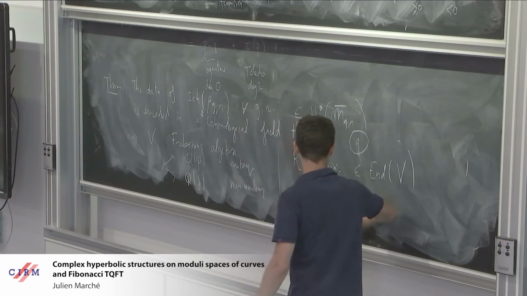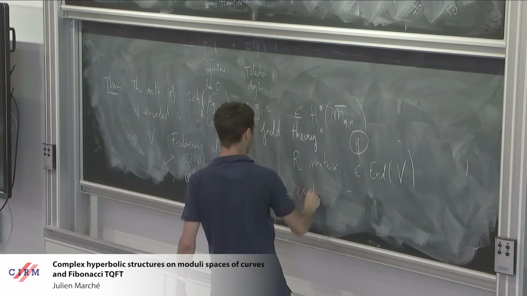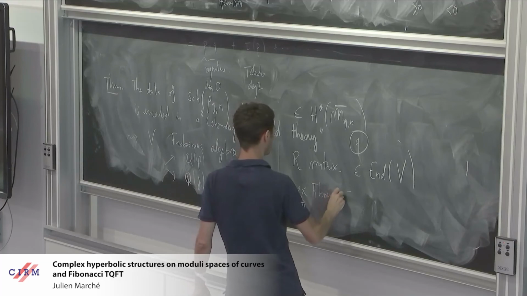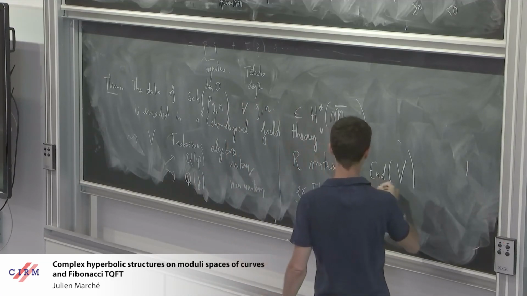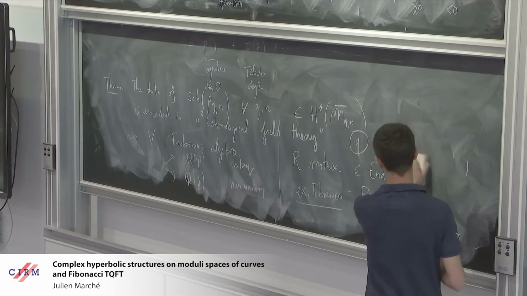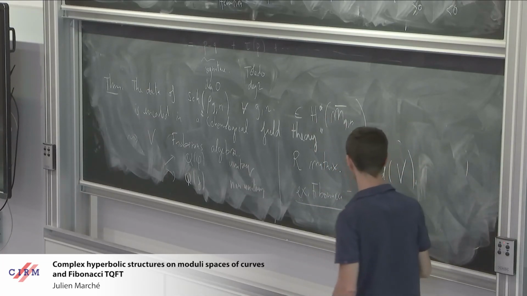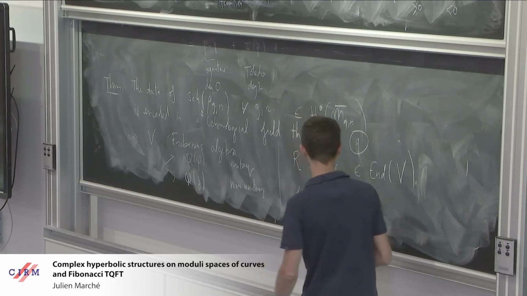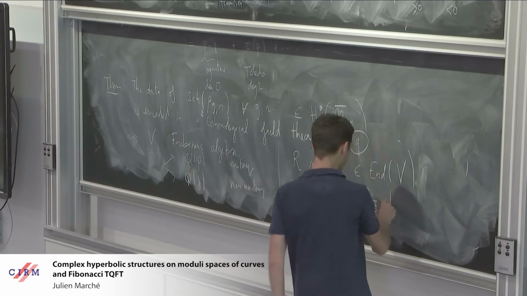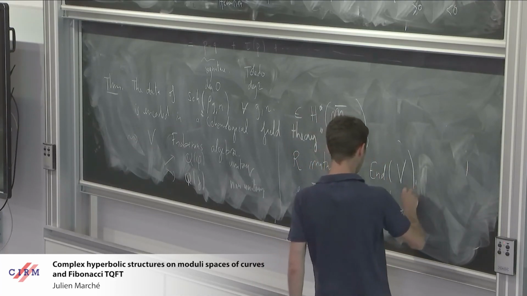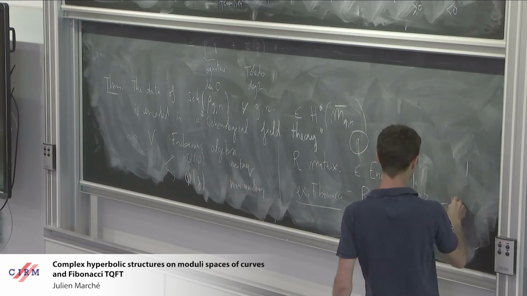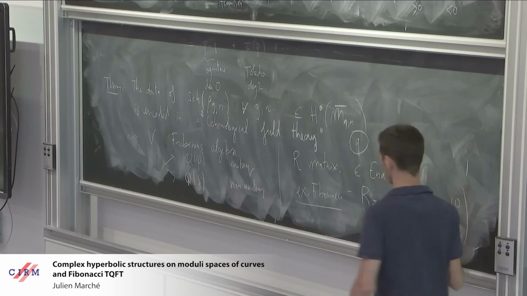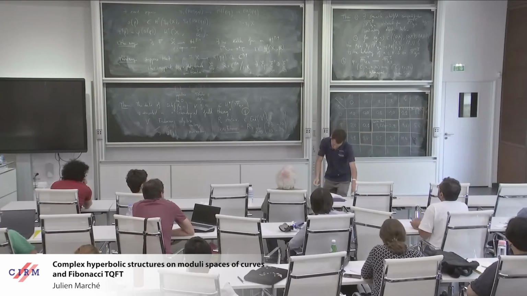Let me give you an example and then I stop. For the example of Fibonacci, the R matrix is the following. Let me cheat, I simplify a little. The R matrix has a very strange expression, which is 1 over 2 17ths, 23, 10, minus 23. Let me check this formula.